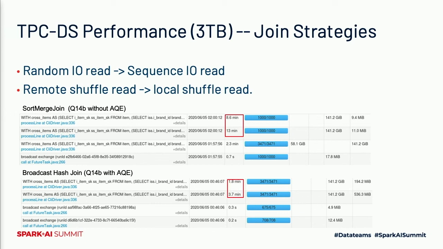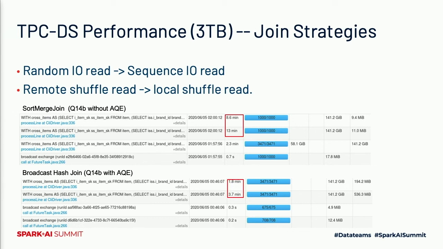When AQE is enabled, Spark can get the real data size at runtime. Then AQE will re-optimize the sort-merge join to a broadcast hash join when one join side's data size is smaller than the broadcast hash join threshold. We can see from the image that one join side is only about 10 megabytes, which can fit in memory.